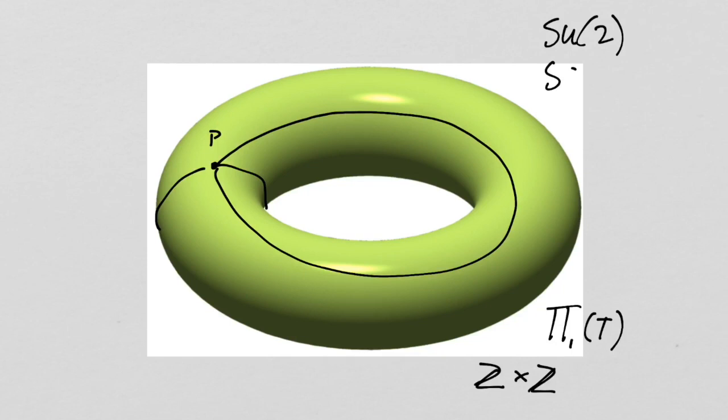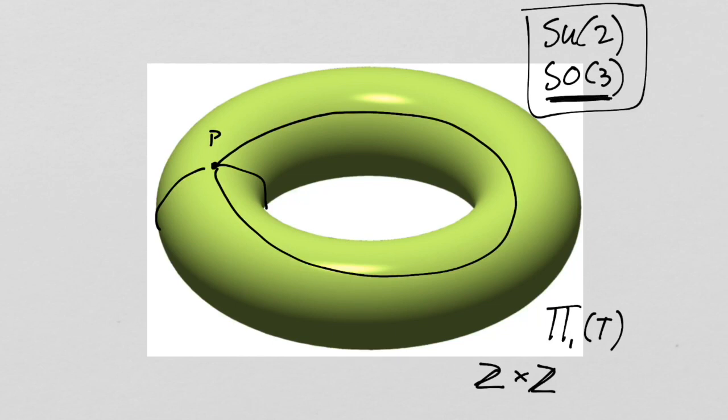SU2 and SO3, right? We left off with the calculation we had done explicitly of SU2 and SO3 and the structure of their coordinates on a manifold, and we discovered that in SO3 we had these antipodal identified points, and in SU2 we had all these points on a sphere identified.